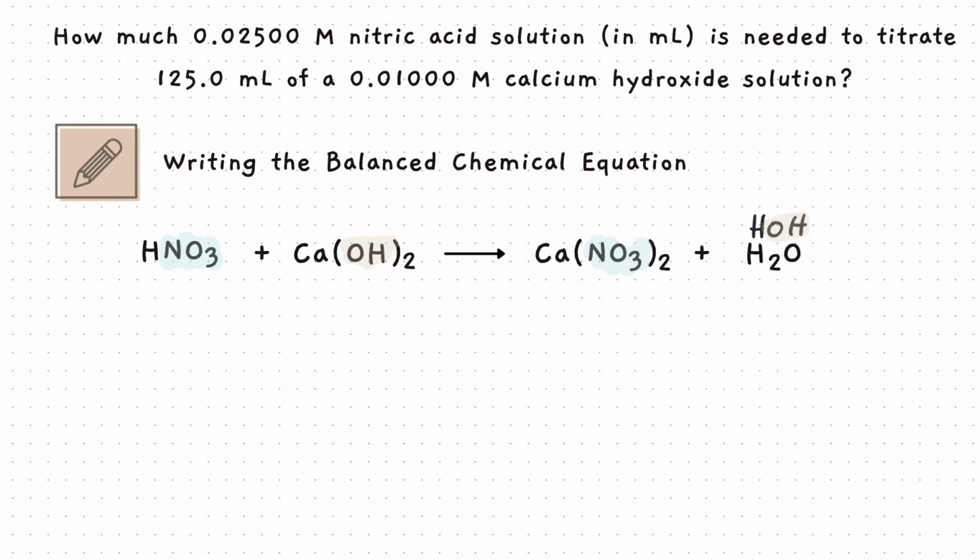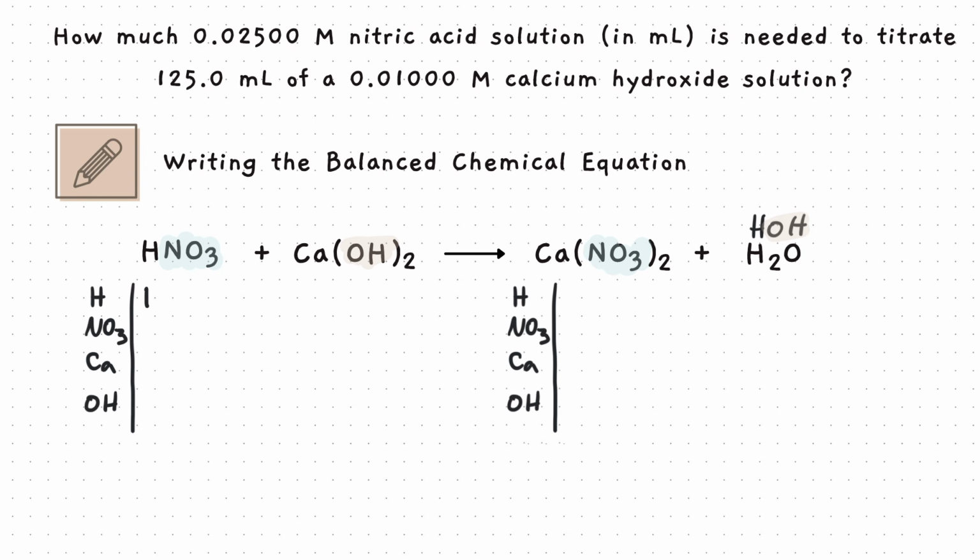So we'll count up each element and polyatomic ion. We have hydrogen, nitrate, calcium, and hydroxide on both sides. On the left side, we have 1 hydrogen, 1 nitrate, 1 calcium, and 2 hydroxides.